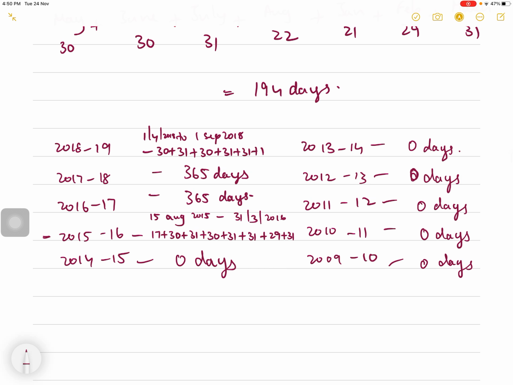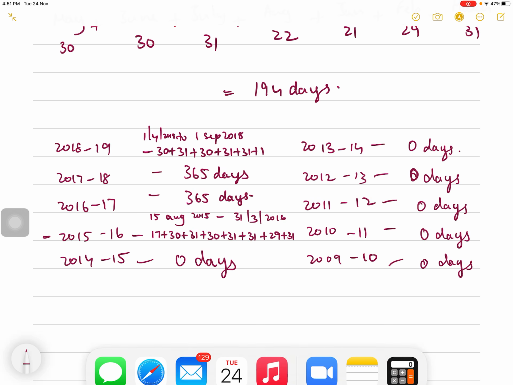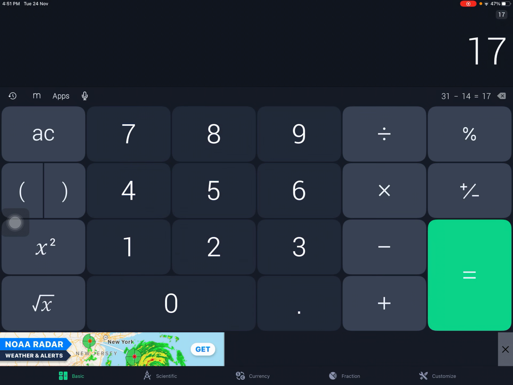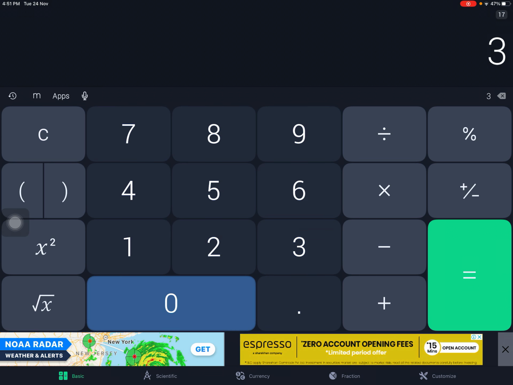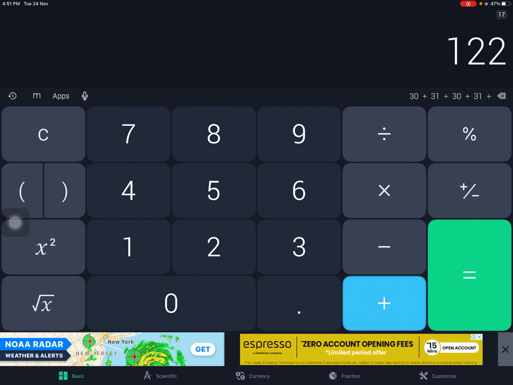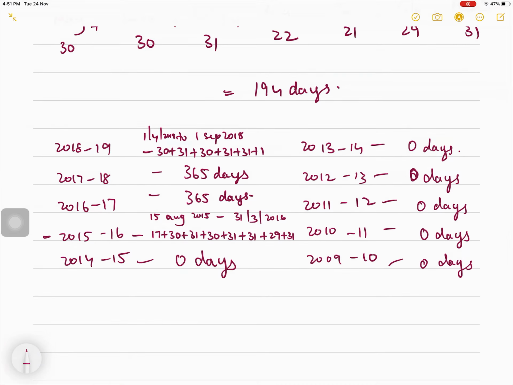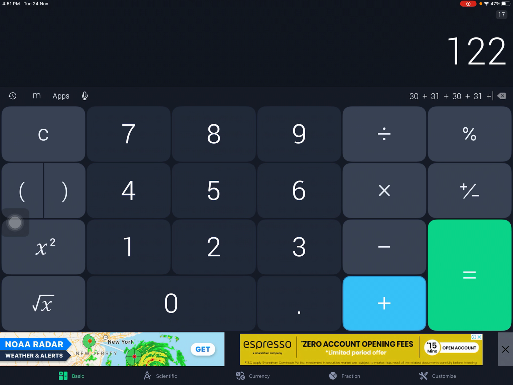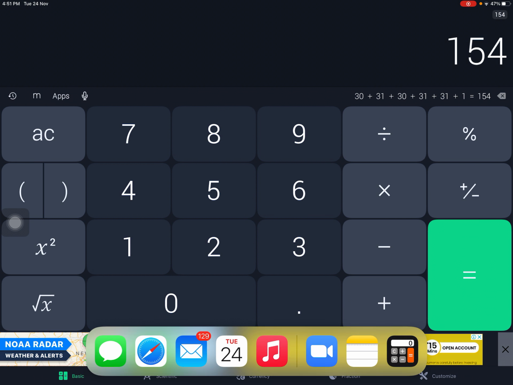So 30 plus 31 plus 30 plus 31 plus 31 plus 1. So he was there for 154 days.